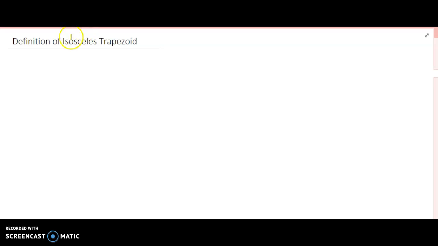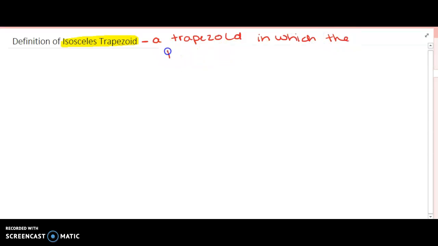All right, now I'm just going to add on this foldable, or this cutout of an isosceles trapezoid, the definition. I'm just going to write it in there. The definition of an isosceles trapezoid is a trapezoid in which the legs are congruent.